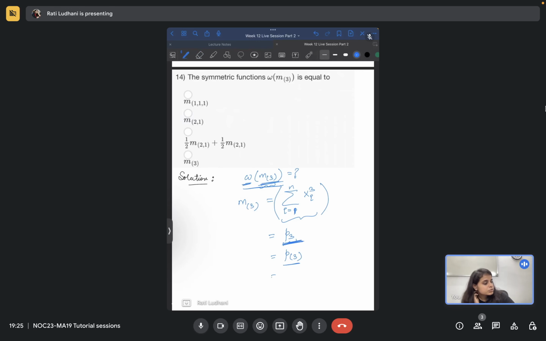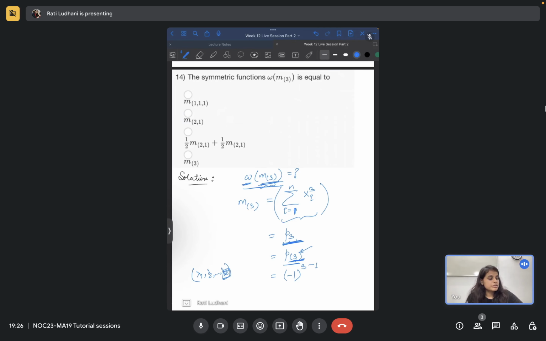And now what does this do? This will make it minus 1 raised to the power of the sum of the partition, which is just 3, minus the length of this partition, which is just 1 because there is just one entry.